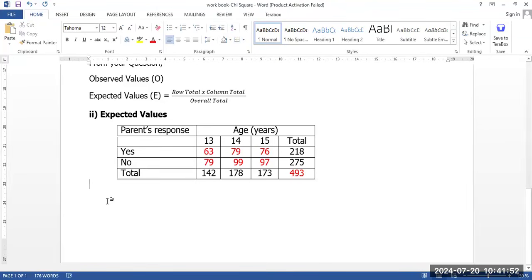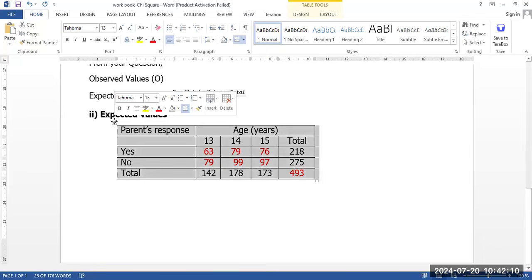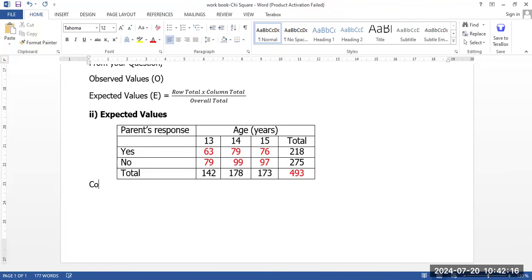If they say you construct a contingency table showing your expected values and observed values, what we are going to do is draft again our table.